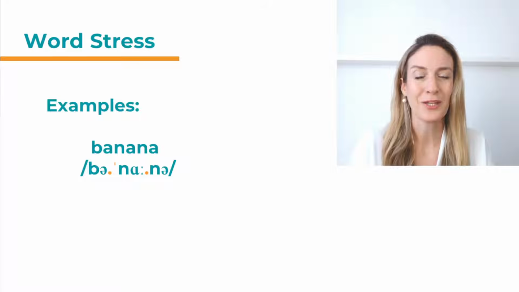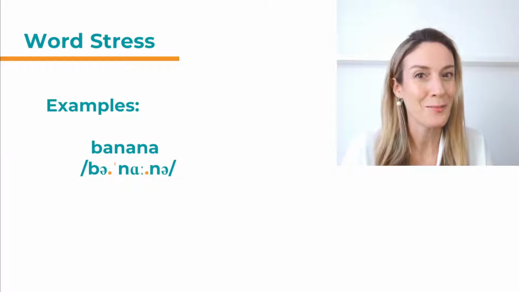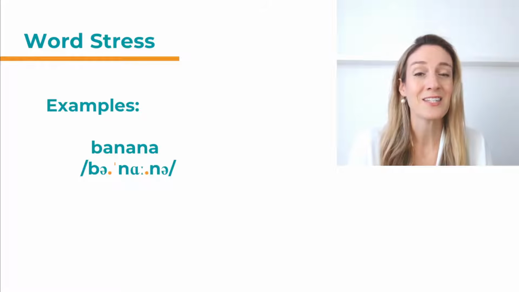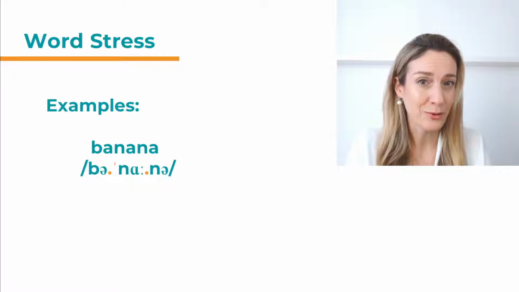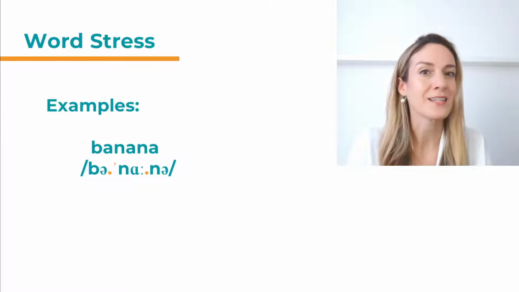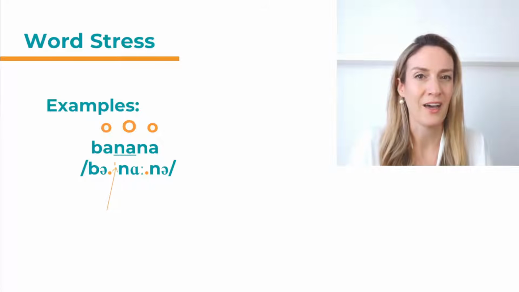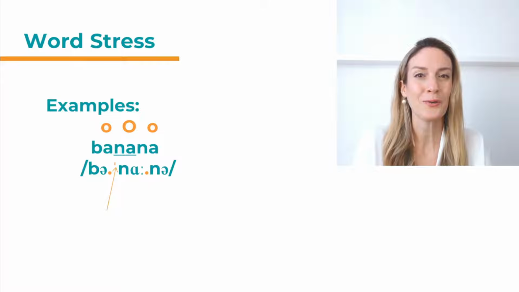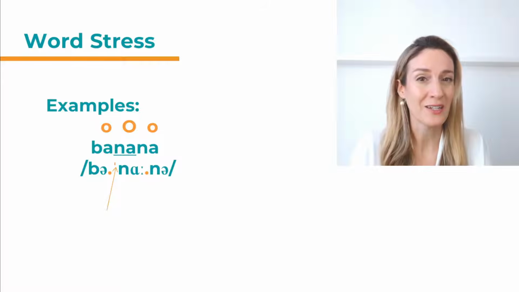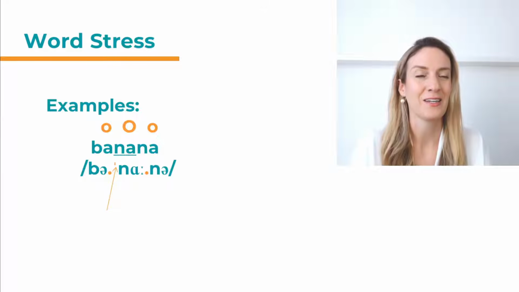And if you're careful, you can also see the apostrophe, and it's at the start of the 2nd syllable, so that means the 2nd syllable is stressed. Let's hear it again. Banana, banana. Yes, that sounds right and natural. So here we have 3 syllables, and the middle syllable, the 2nd one, is stressed. Banana.